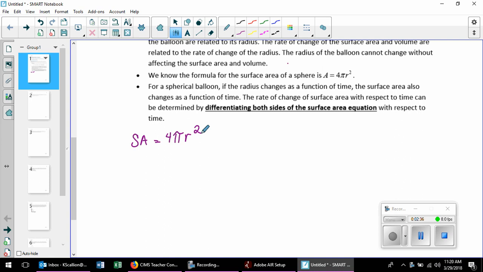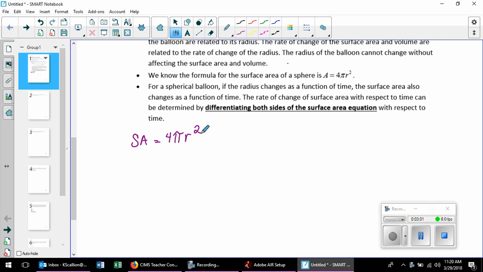All right. So we are going to take the derivative of this side and the derivative of this side. We're differentiating both sides of the equation with respect to time, not to the other variable. So it's not going to be the differential of A over the differential of r.